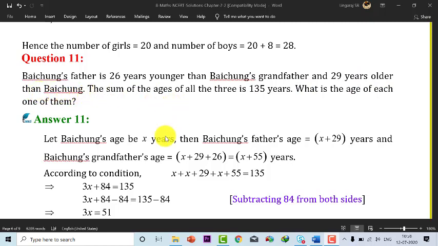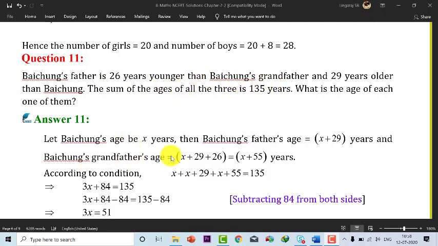So we can write Baichung's father's age is equal to x plus 29 years, and Baichung's grandfather's age is x plus 29 plus 26, because here we wrote his father's age is x plus 29, and they have given that Baichung's father is 26 years younger than Baichung's grandfather.